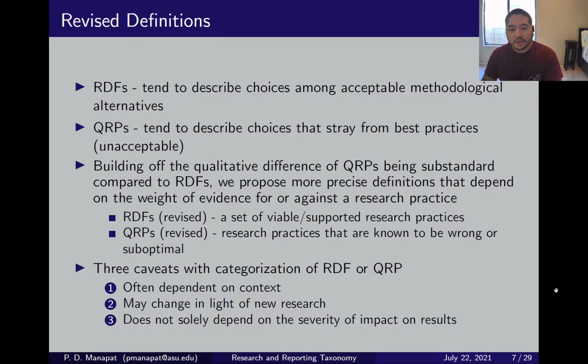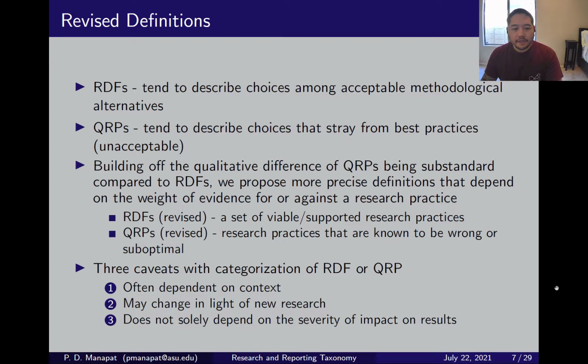So there are three caveats with this categorization of RDF or QRP. The first one is the categorization is often dependent on context. So it may change from situation to situation. Number two, it may change in light of new research. So as more methodological work is done, something that was once an RDF may become a QRP.